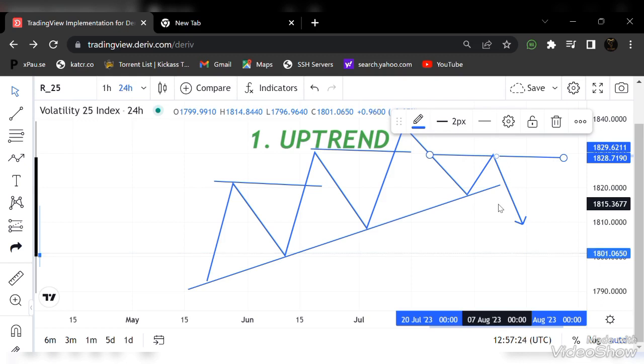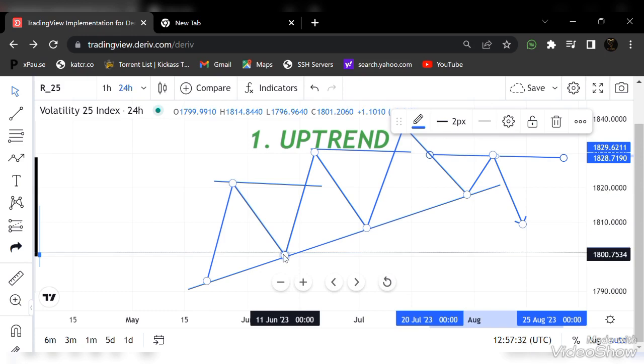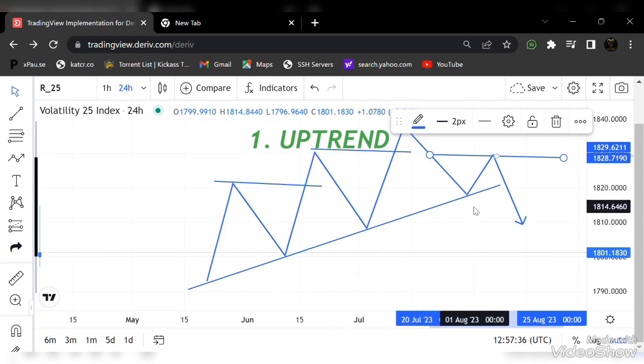So the market will be simply creating higher highs. This is a higher high, as you can see by the arrow right here. This is a higher high. This is a higher low, higher high, higher low, higher high, higher low, and then the market creates a lower high, which indicates a loss of momentum, and then price actually drops.